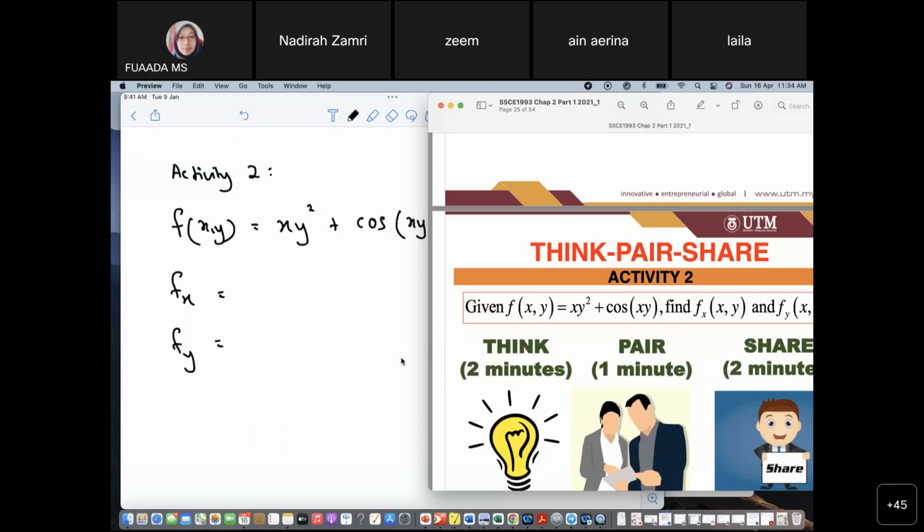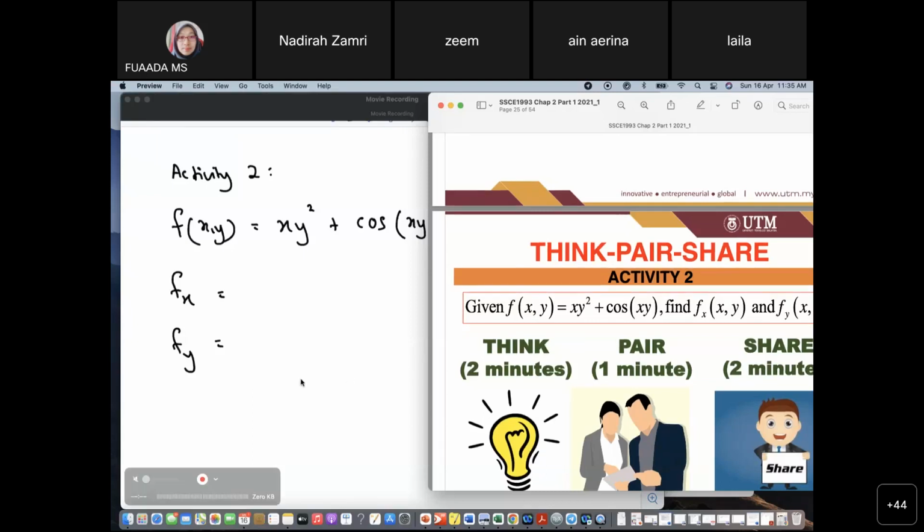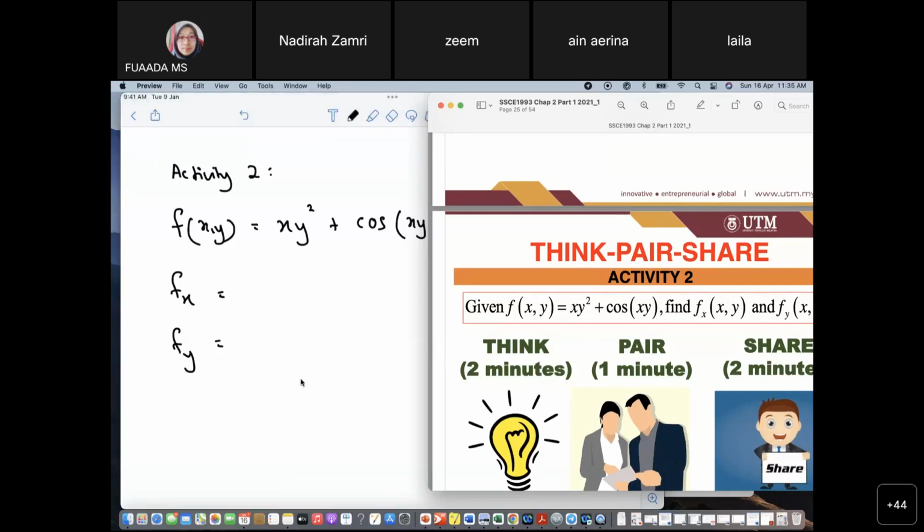Siapa lagi ada dalam ni? Ikmal ada tak? Dah siap Ikmal? Belum. Siapa yang dah siap? Ada yang nak share?